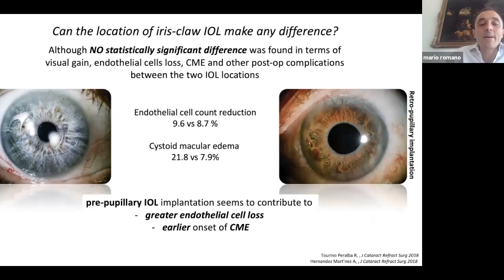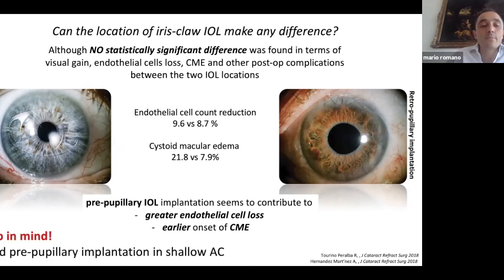Regarding the placement anterior or posterior to the iris, prepupillary implantation seems to have a greater endothelial cell loss and also earlier onset of cystoid macular edema. So nowadays it's preferred to implant behind the iris.